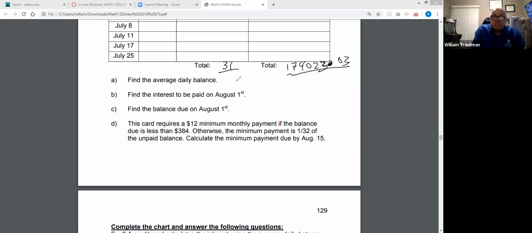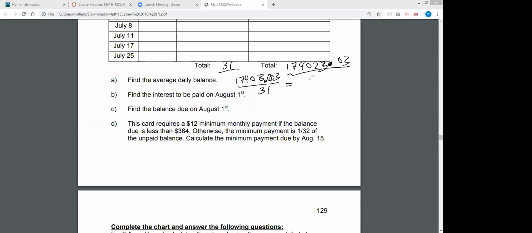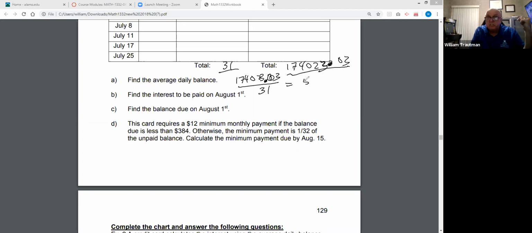To find the average daily balance, you do your total 174,023.03 and you divide it by 31 days. That will tell you your average daily balance. And it's $5,613.65. So that's the answer to A.